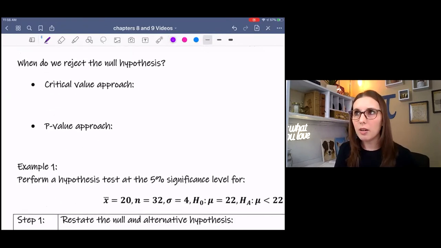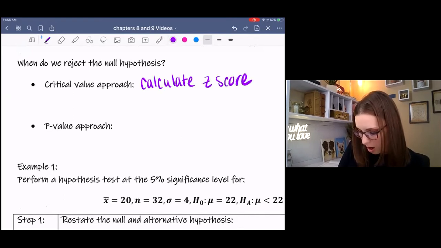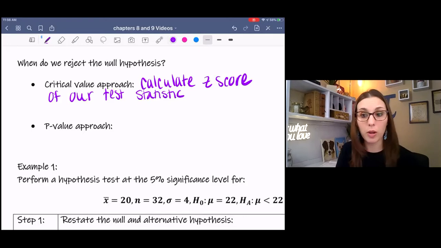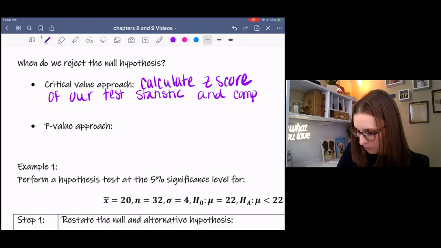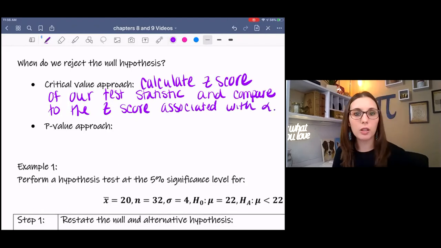But the critical value approach was we basically used our data to calculate a z-score of our test statistic, so some value that we're testing, and compare it to the z-score associated with our significance level alpha.